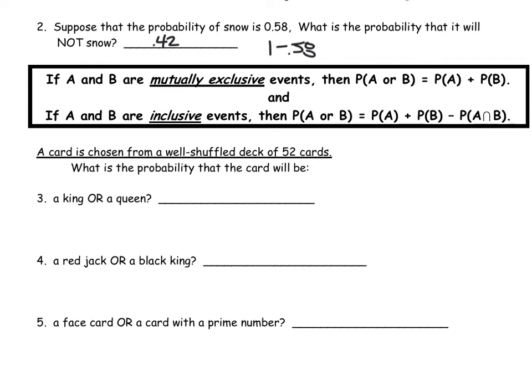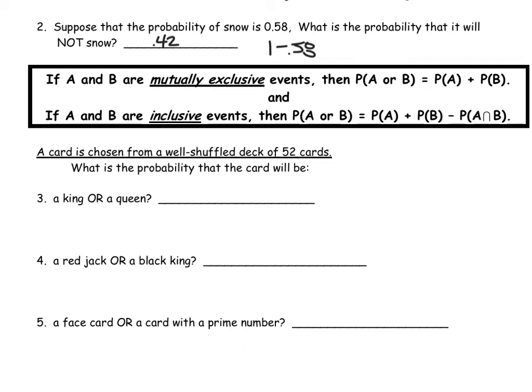For example, I'll use an example of the probability of it being a face card or a king. Well, there are kings that are face cards, so you're double counting.